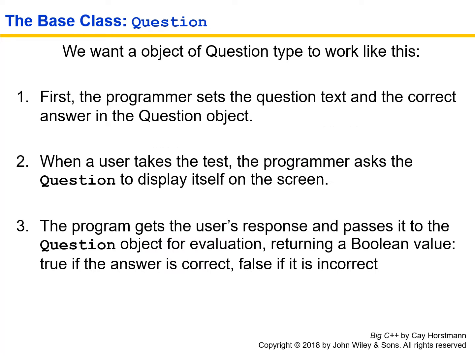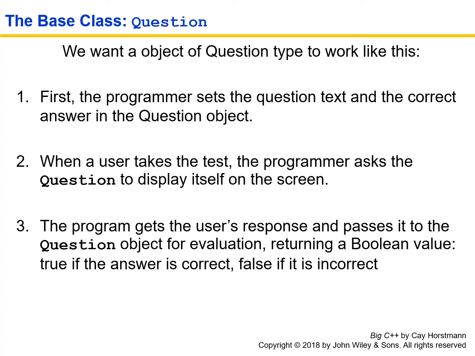Okay, so how would a question class hierarchy work? Well, any object of question should be able to set its question text and its correct answer. We're going to show this working in a very simple way, where the programmer hard codes the question text and the correct answer in the program.